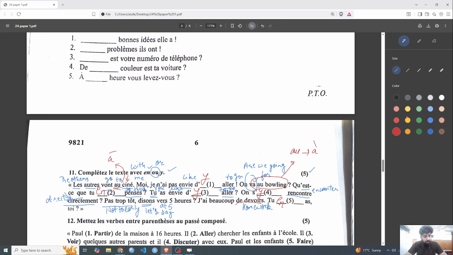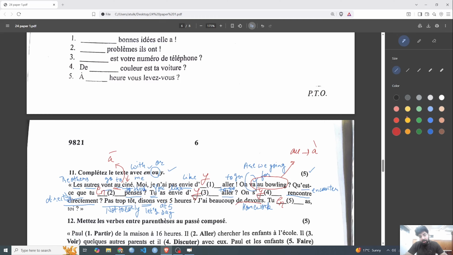This is how exactly you solve this part. So the only thing to remember when you are solving these kinds of problems in the exam is that you generally use y when it comes to a location. I'm telling you the precise rule in order to actually get through it.